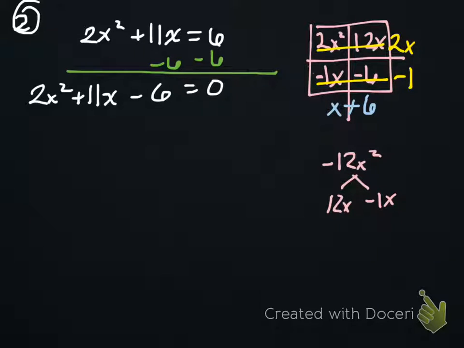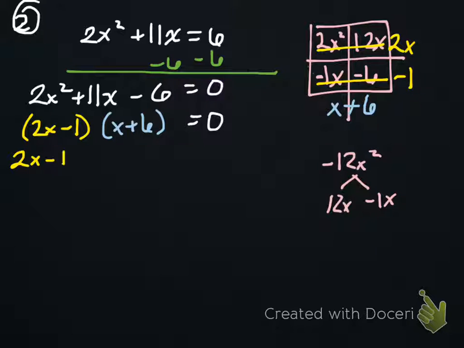And so my two parentheses, 2x minus 1 and x plus 6, equals 0. So that means either the 2x minus 1 is 0 or the x plus 6 is 0. So let's find out when that would be the case.